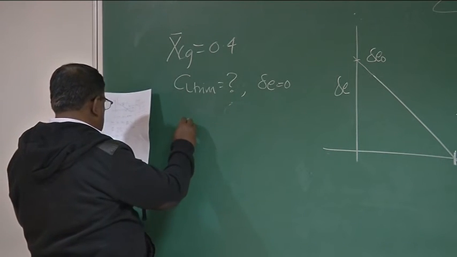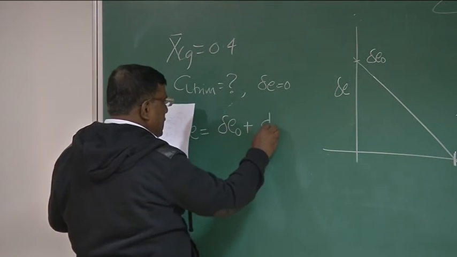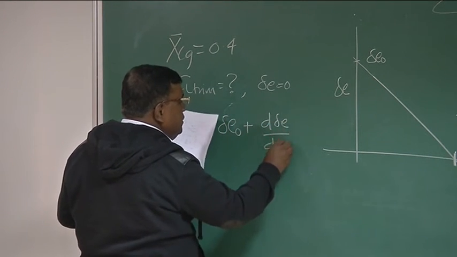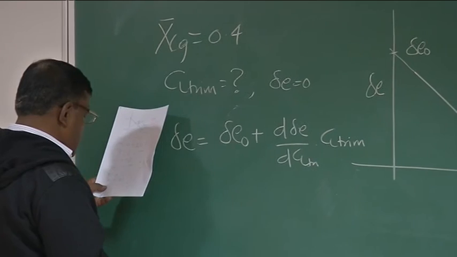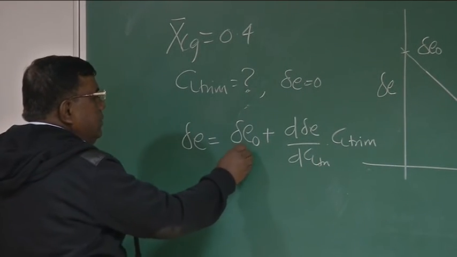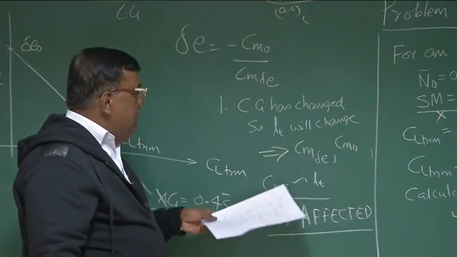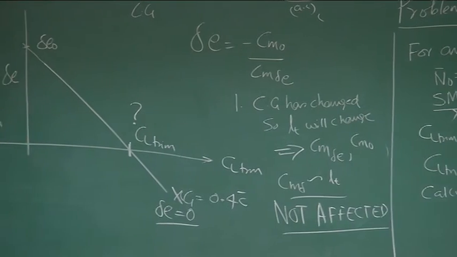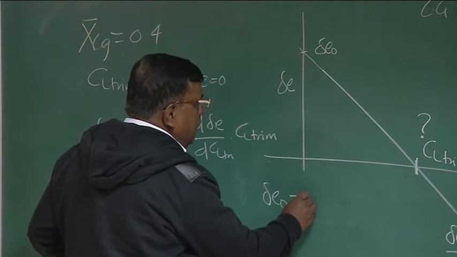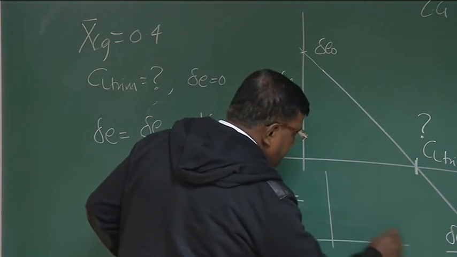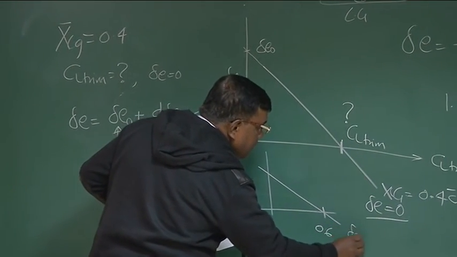Okay. So now, what is delta E? Delta E equal to delta E naught plus d delta E by dCL trim into CL trim. Okay. So what is delta E naught value? So this is, since we have assumed that with change in Lt, this Cm delta E, Cm naught are not affected, so I can easily find delta E naught from the first graph, where this was 0.6, delta E was equal to 0.